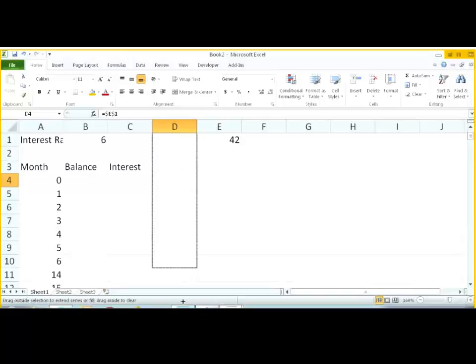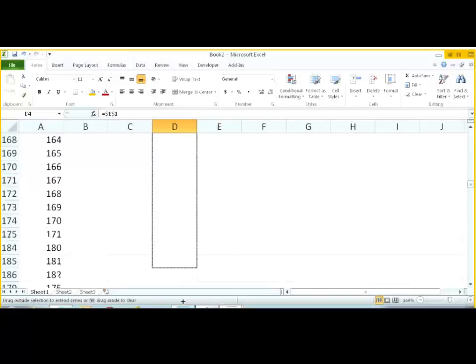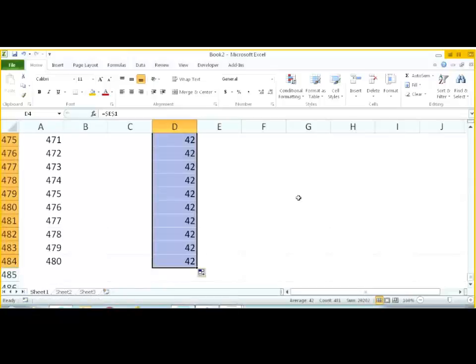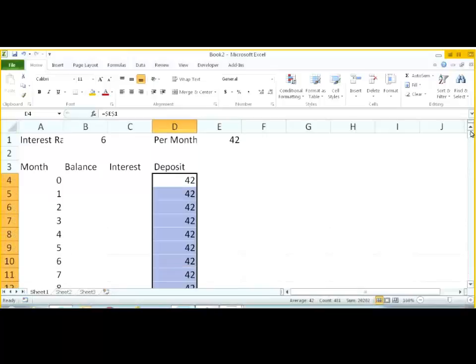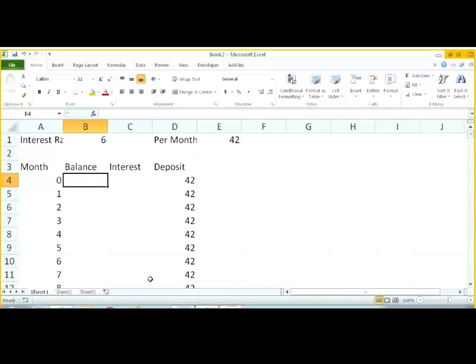So I'll copy that. Well, yeah, I'm just going to copy it all the way to the bottom. I might have been able to do it all at one time, but it's easy just to copy. Okay, so I'm doing $42. Now, in reality, if you can afford $42 now, you're probably going to be able to afford more later. But this is kind of a minimal situation. Okay, so let's say the first month I put in $42.